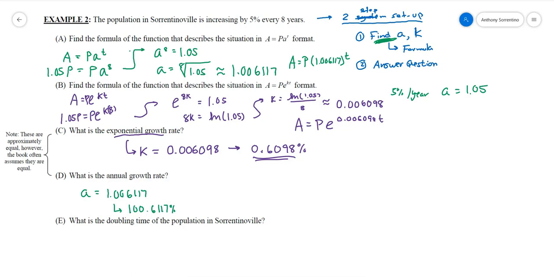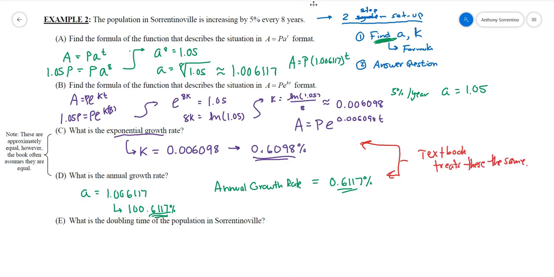Well, that's telling me what the growth rate is, because anything over 100 is how much it grew. So the annual growth rate is actually 0.6117%. As I said, though, word of warning, your textbook treats these the same.